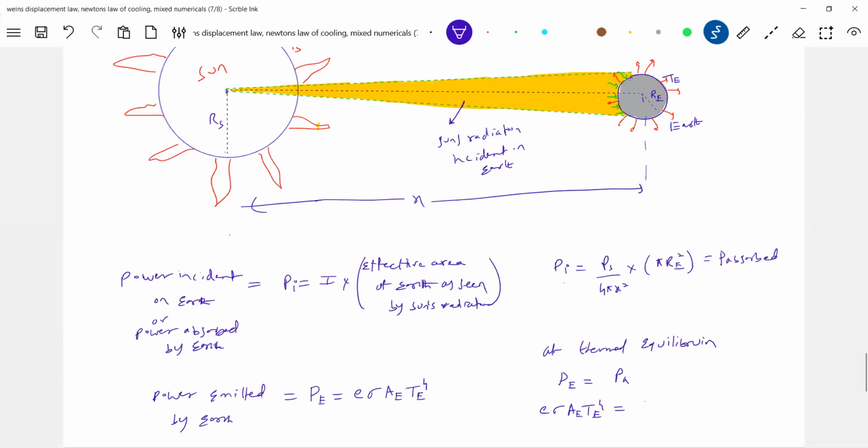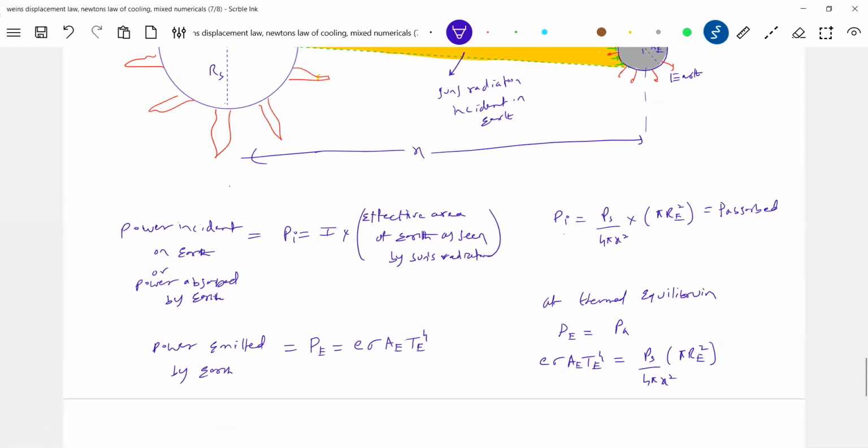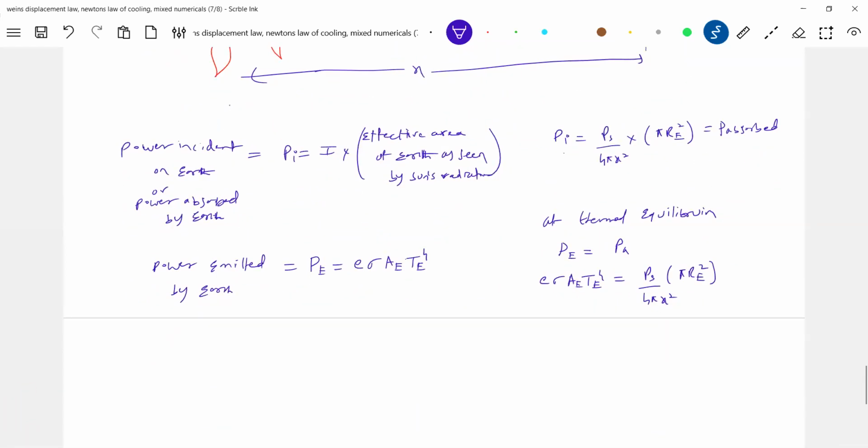Power absorbed is PS by 4 pi x square times pi RE square. What is PS? Power of the sun. This AE we write as 4 pi RE square, the surface area of the earth. Power of the sun is sigma times the area of cross section of the sun, 4 pi RS square, times TS to the power of 4.